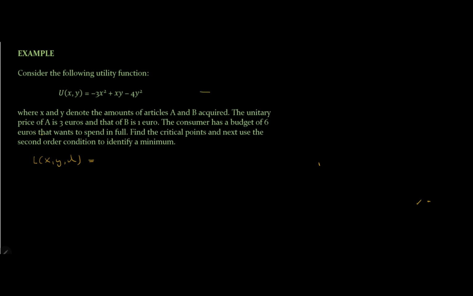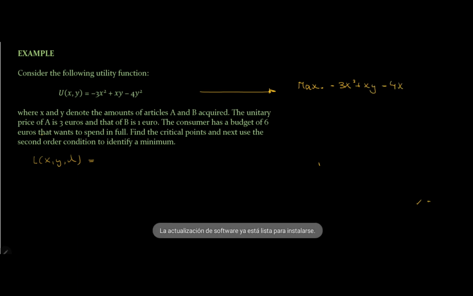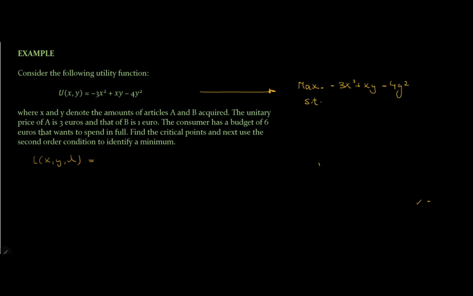We are maximizing utility, minus 3x squared plus xy minus 4y squared, such that 3x plus y equals 6: the unitary price of A is 3 and of y is 1, and a budget of 6.